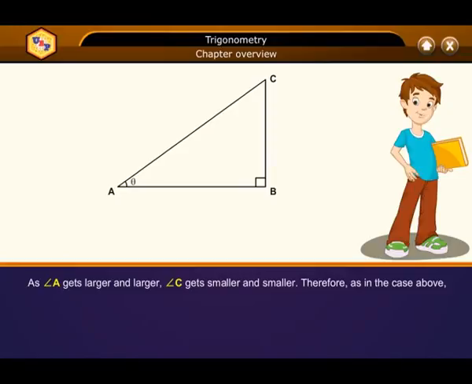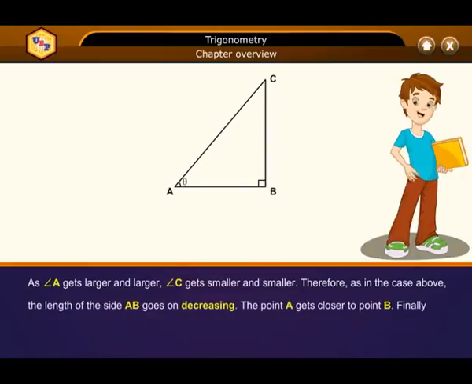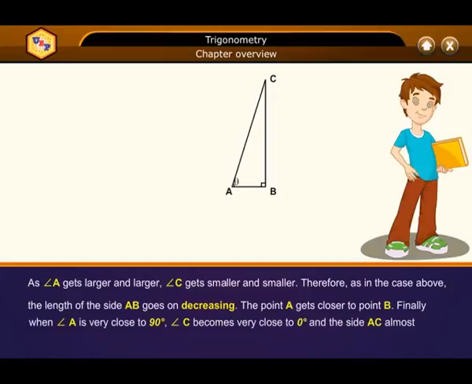As angle A gets larger and larger, angle C gets smaller and smaller. Therefore, as in the case above, the length of the side AB goes on decreasing. The point A gets closer to point B. Finally, when angle A is very close to 90 degrees, angle C becomes very close to 0 degrees, and the side AC almost coincides with side BC.